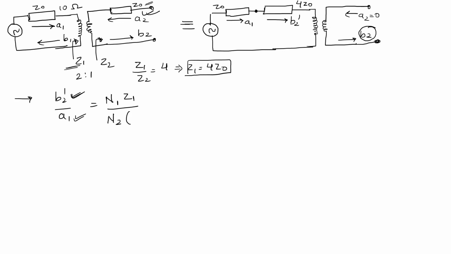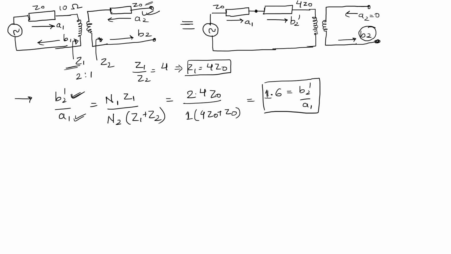So here it is Z1 plus Z2. This will give 2 into 4Z0 upon 1 into 4Z0 plus Z0, which is nothing but 1.6. So this is the ratio of B2 dash upon A1, which is what we have got so far.